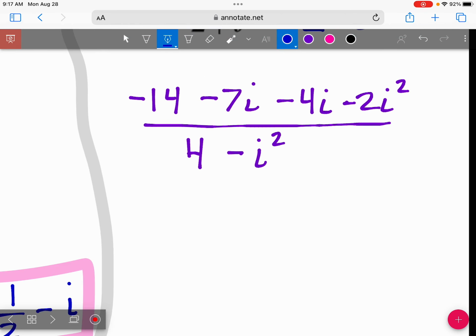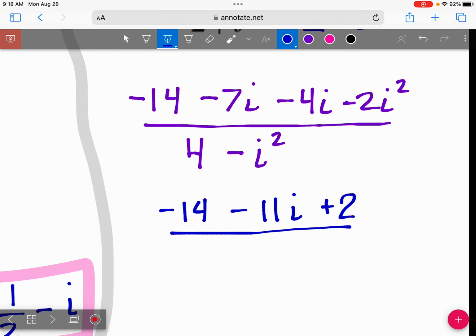So when we start to simplify, we have our -14 minus 11i minus 2 times i squared becomes +2. Because i squared is -1, minus -2 times -1 gives us +2. And then we have 4 plus 1 in our denominator.